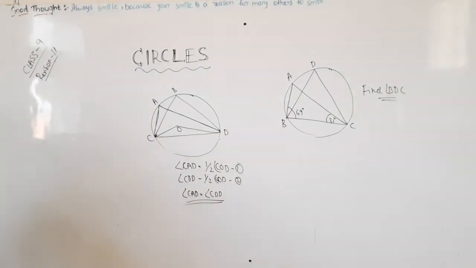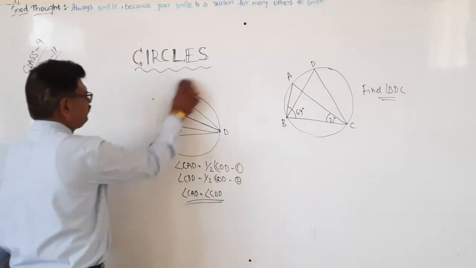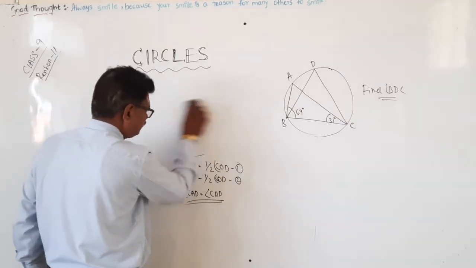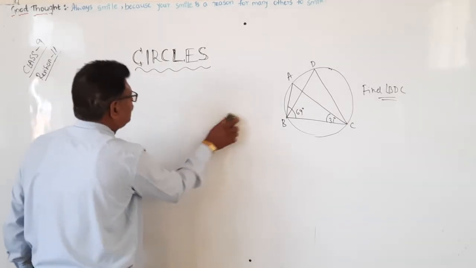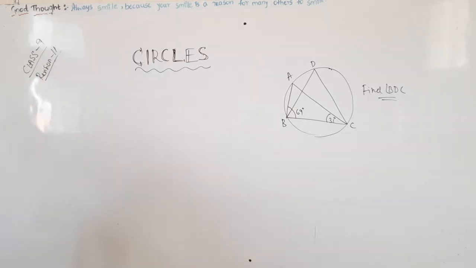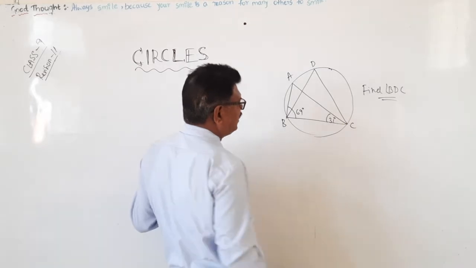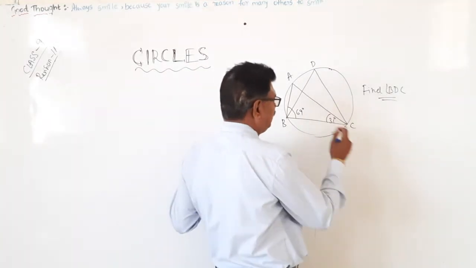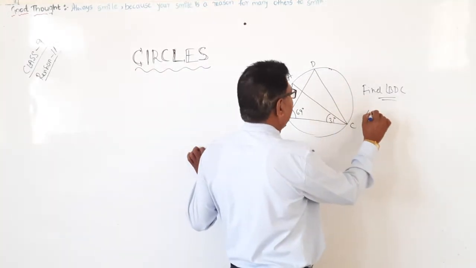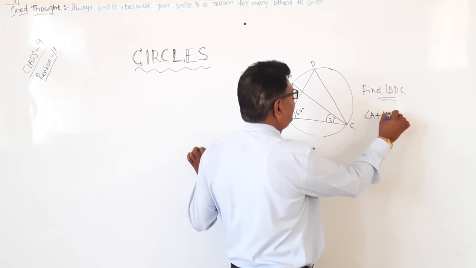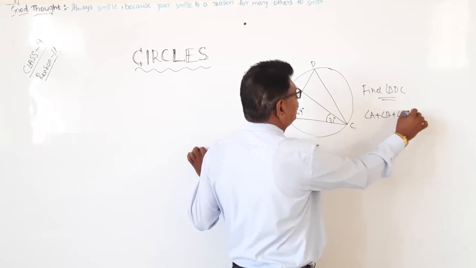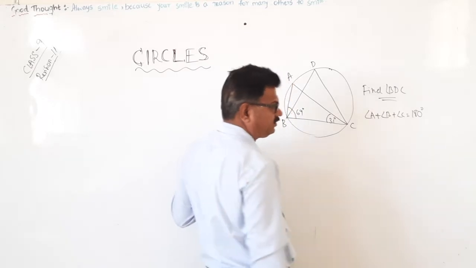Okay. Now, how to do this? Very, very simple. Yes. You see, take triangle ABC now. Angle A plus angle B plus angle C is equal to 180 degrees.